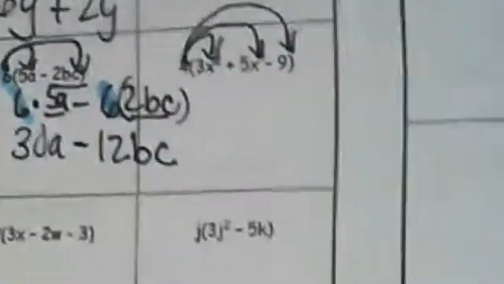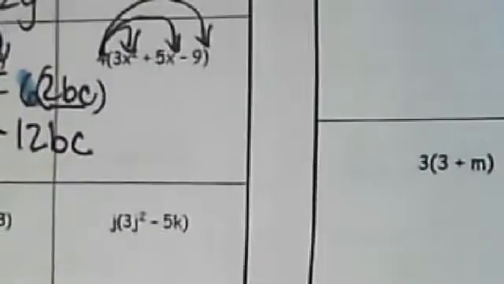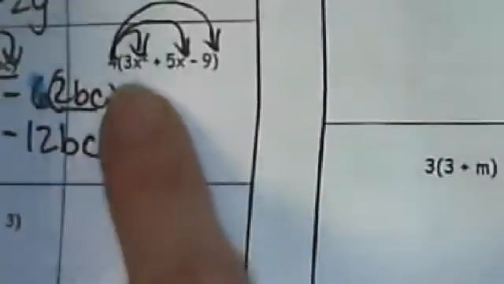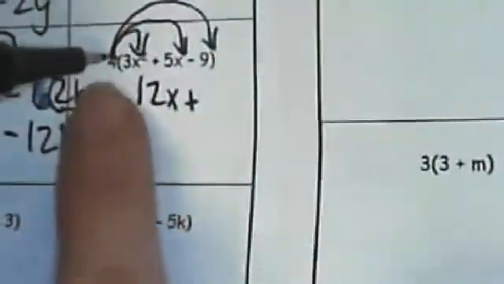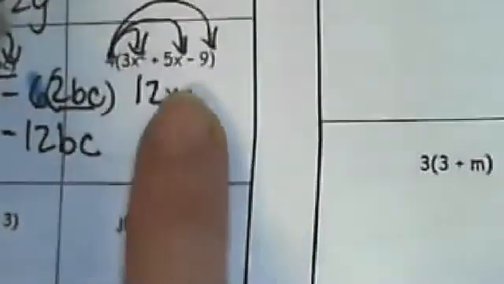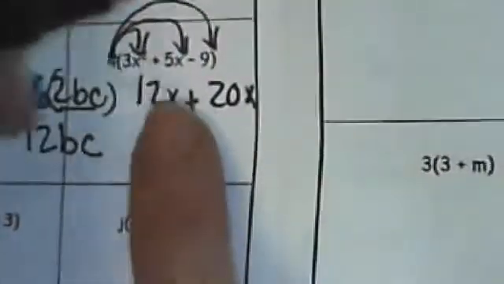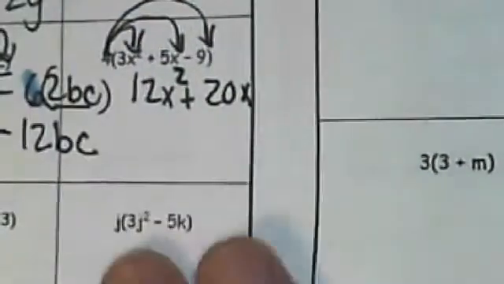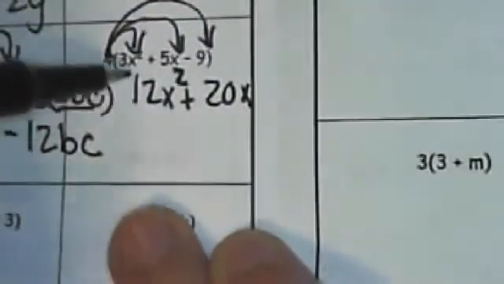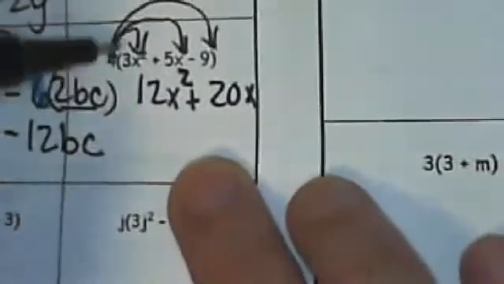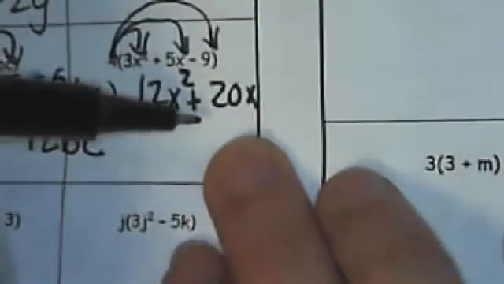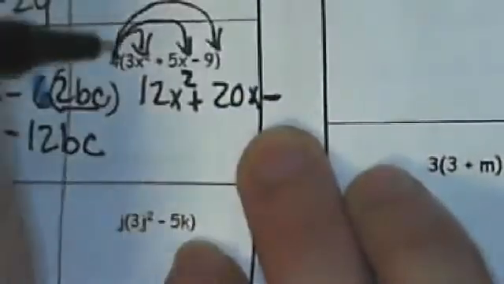So 4 times 3 would be 12, so that's 12x, plus 4 times 5 is 20, so that's 20x. Oh, I'm sorry, that's a squared. Don't forget the square there. So 4 times 3 is 12x squared. And then multiplying the 4 times the 5x, which is 20x. And then minus 4 times 9 is 36.